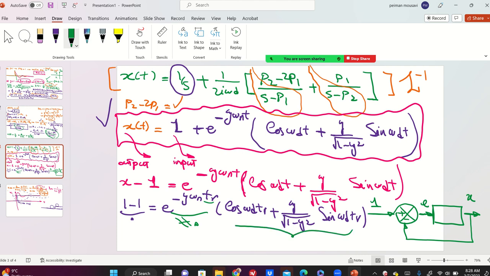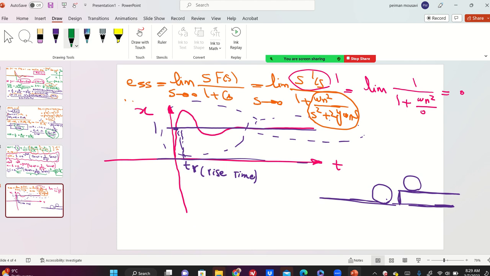So the bracket is 0. If that's 0, you get cosine omega d tr plus zeta over the square root of 1 minus zeta square times sine omega d tr is 0.